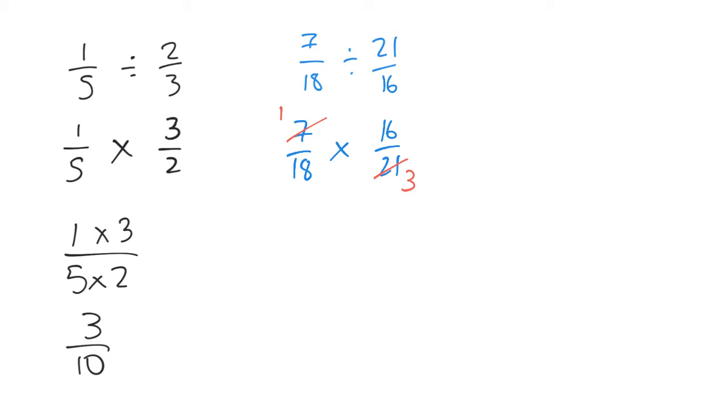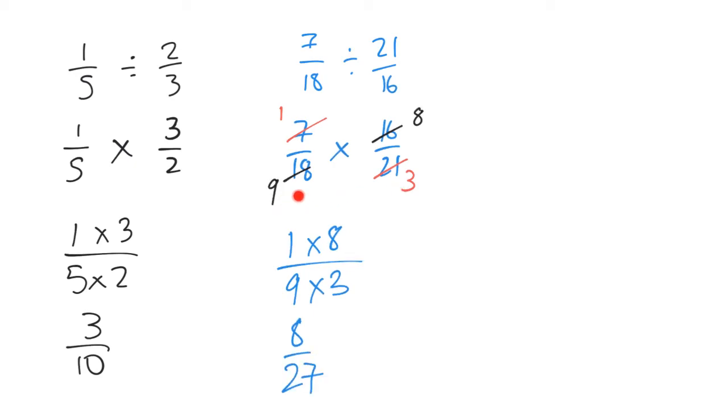The 18 and the 16 we can cancel through by dividing by 2 to leave 8 and 9. Then we multiply across the tops, so 1 multiplied by 8, multiply across the bottoms, 9 multiplied by 3, and that gives 8 over 27.